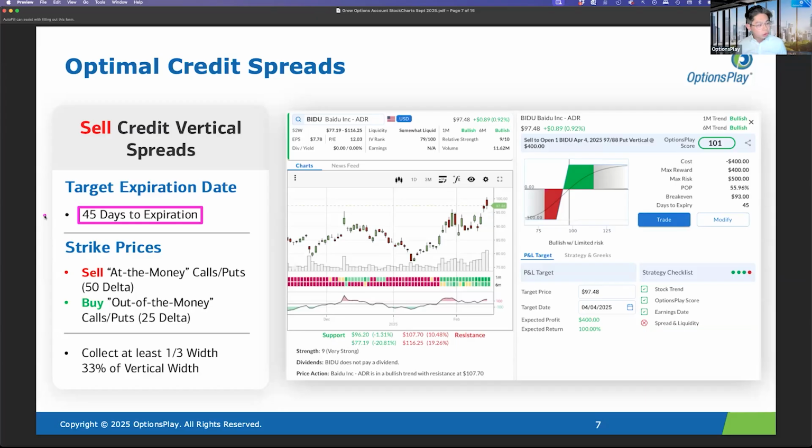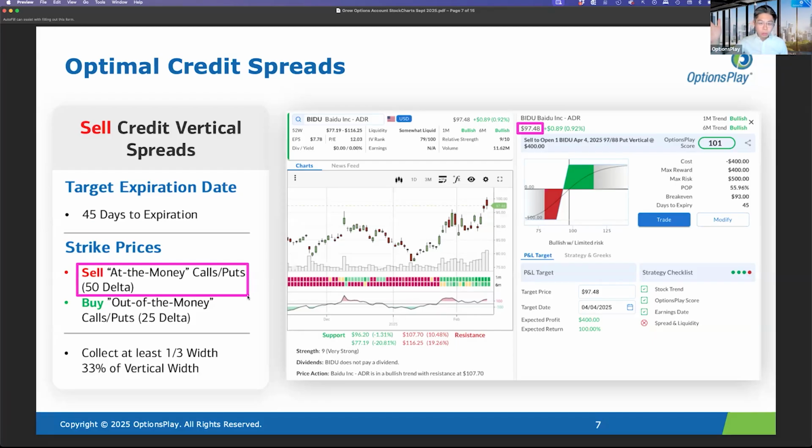And then when you're trading a credit spread, what you're trading are two strike prices of that individual stock. So in this particular case, I was using Baidu as an example. And at the time, Baidu was trading at $97. What we want to do is sell an at-the-money strike price. When you're selling a credit spread, because you're selling, you basically take the exact opposite approach as if you're buying.